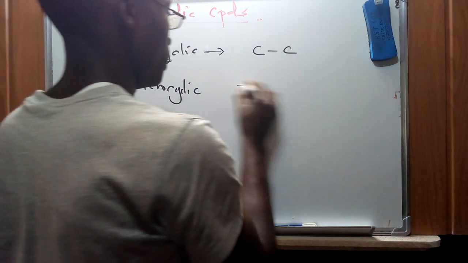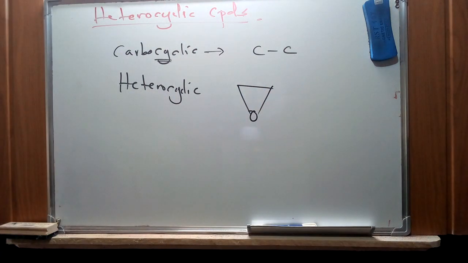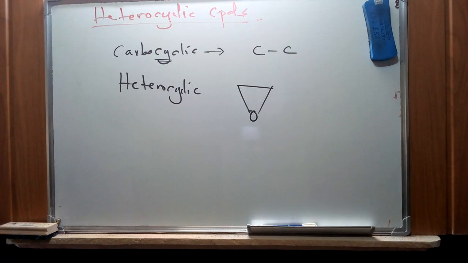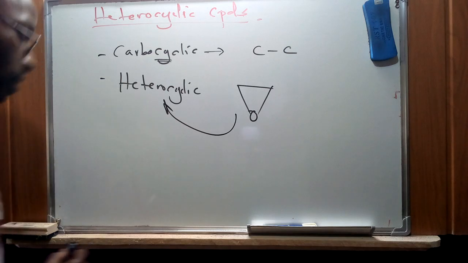Now that is the illustration I've just given. For instance, a compound that has 2 carbons and of course oxygen at that particular point is one of the examples of compounds that you can refer to as heterocyclic compounds.